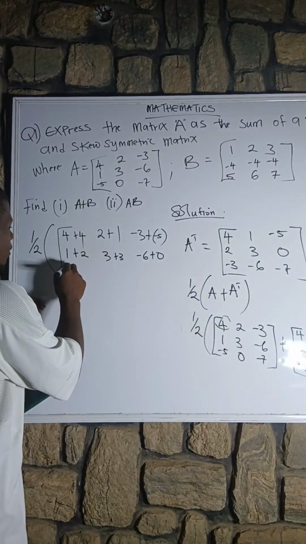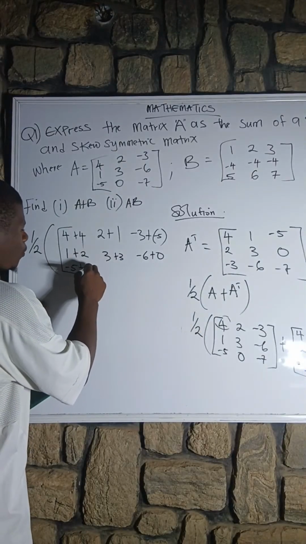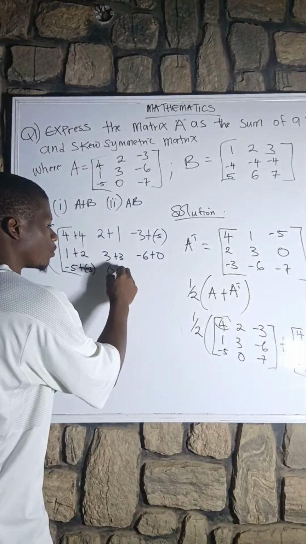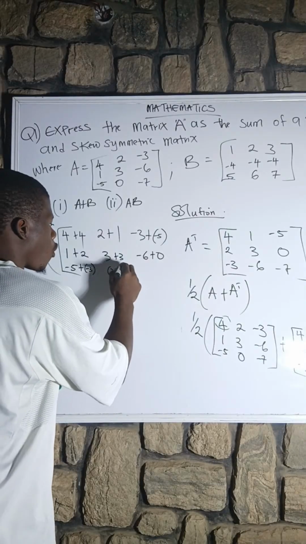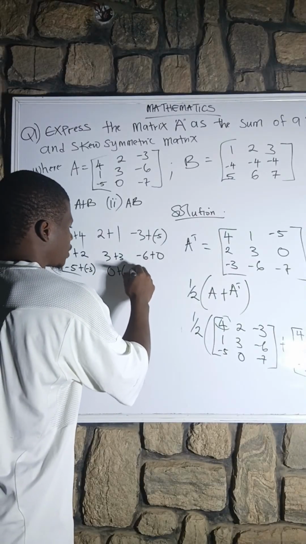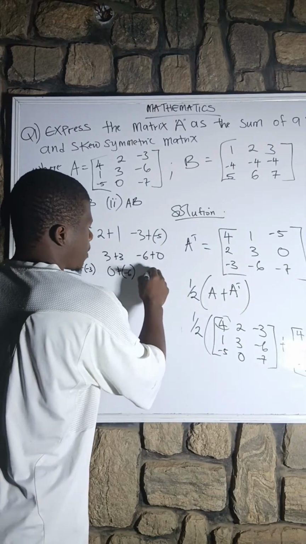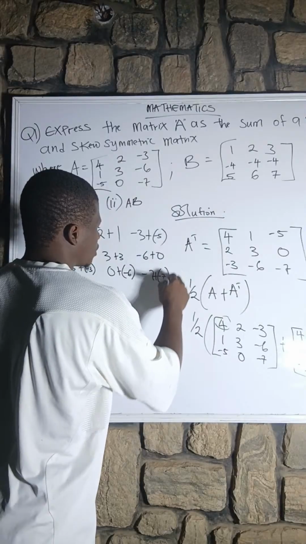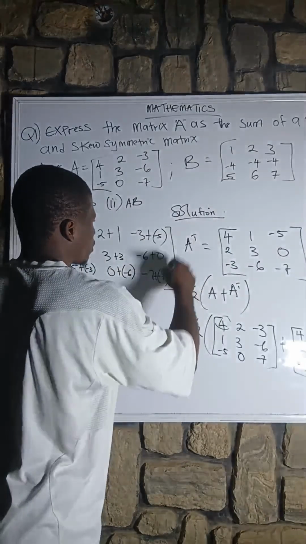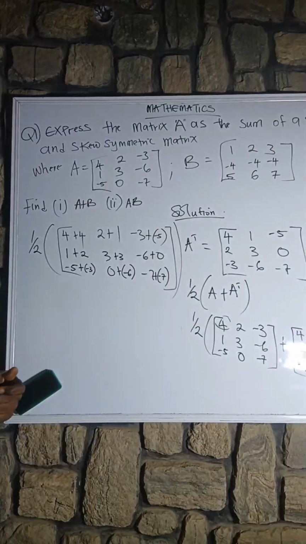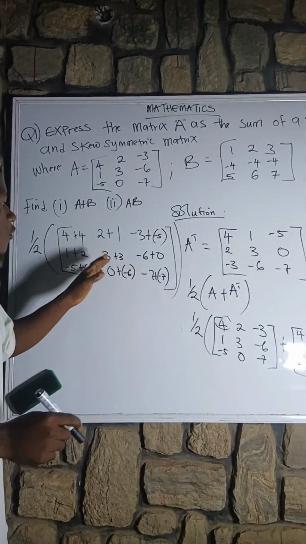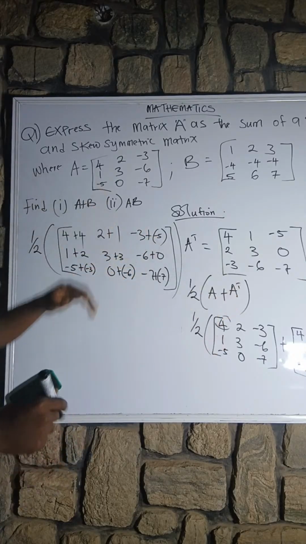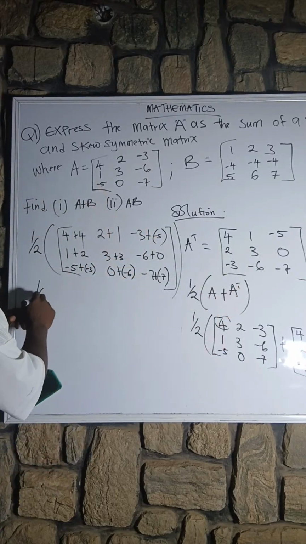Then to the last one, minus 5 plus open bracket minus 3, 0 plus open bracket minus 6, and minus 7 plus open bracket minus 7. Then close it. This is the addition of the two matrices. Now let's find the final answers.